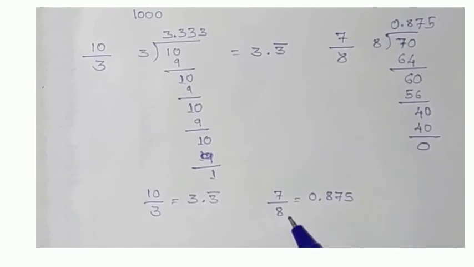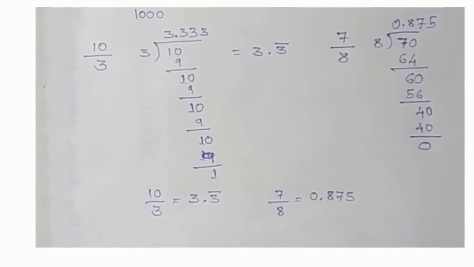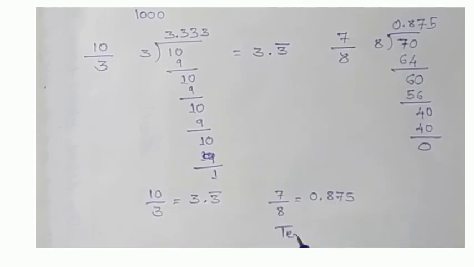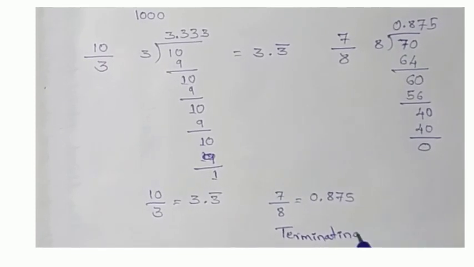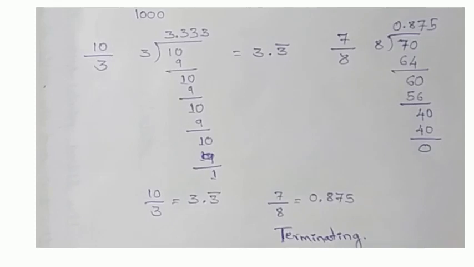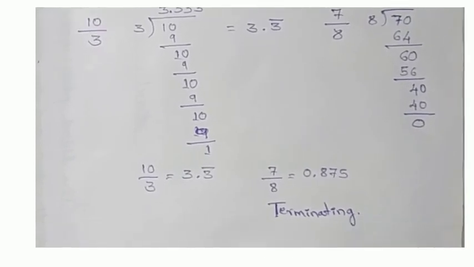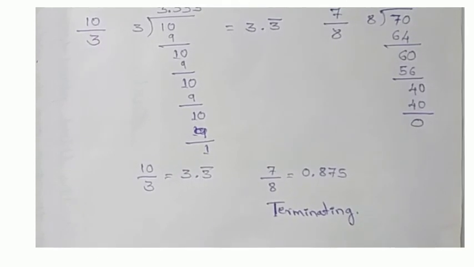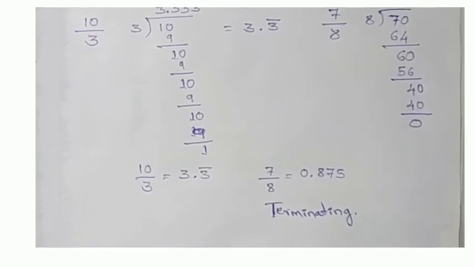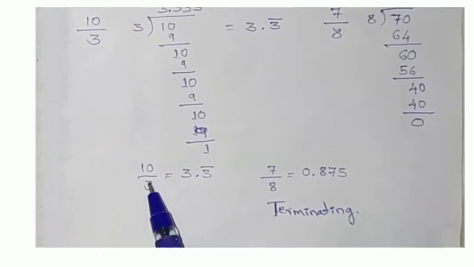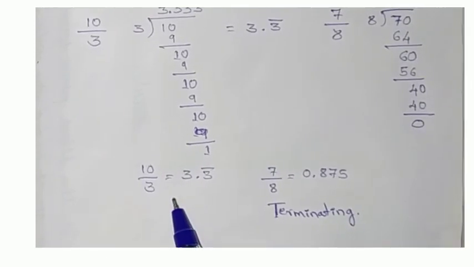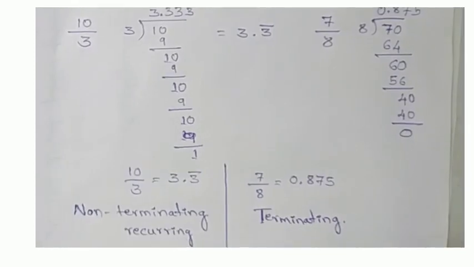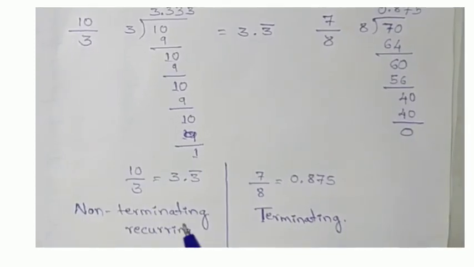So here 7 by 8 is terminating. If there is a repeating block of digits in the quotient, we say those expansions are non-terminating recurring. Here 10 by 3 is non-terminating recurring.